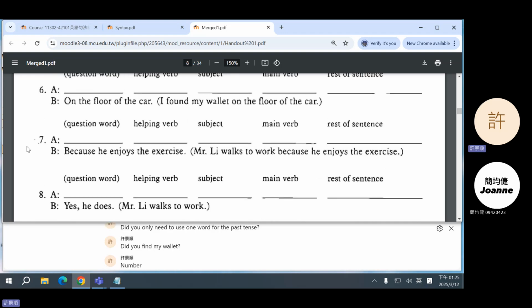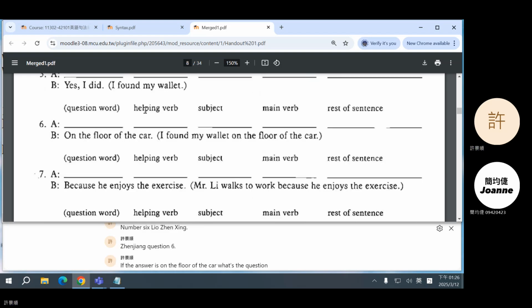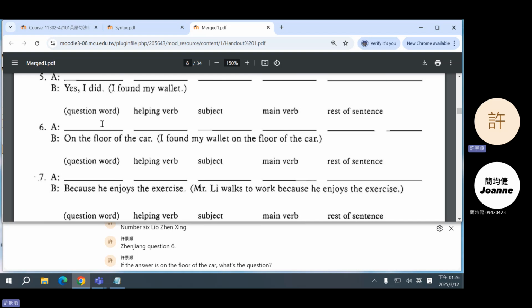Number 6, 刘振兴. Question 6. If the answer is on the floor of the car, what's the question? Where did you find my wallet?